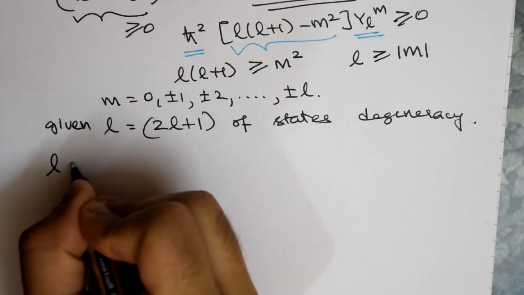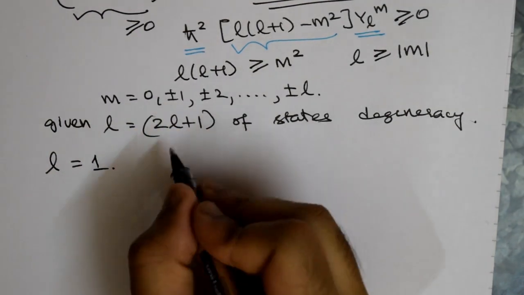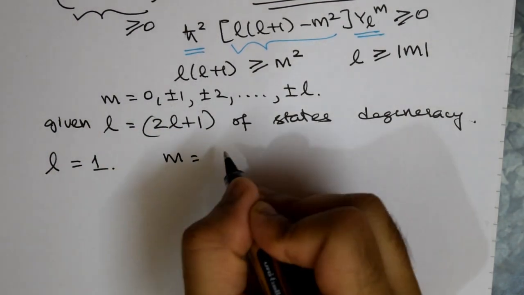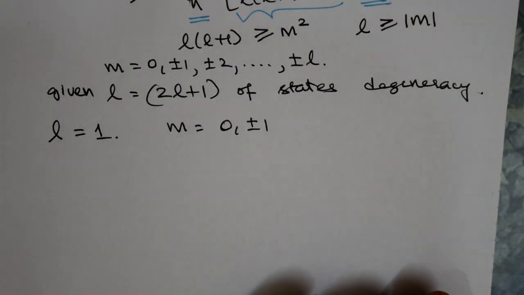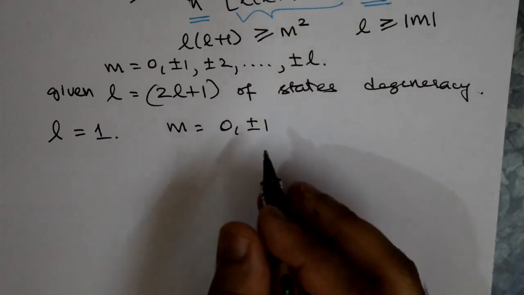Let's take a value of l equal to 1. If l is equal to 1, m can take the values 0 and plus minus 1. It cannot take the values plus minus 2 because it is limited.